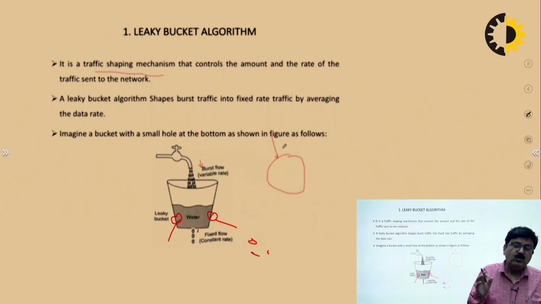We can't control the input flow, but using this bucket we can control the output flow, meaning a fixed flow will come out. So this is the concept of the leaky bucket algorithm.